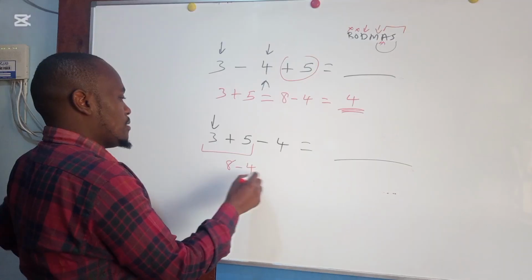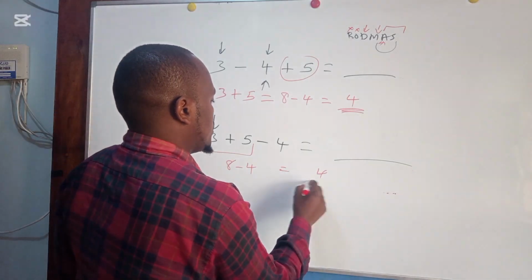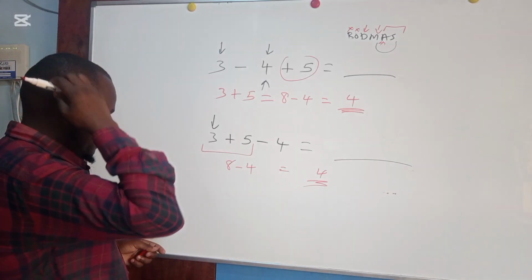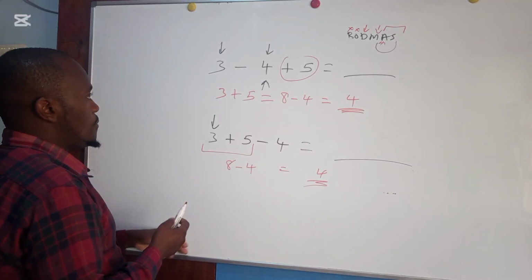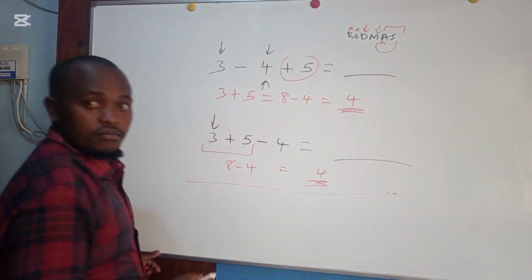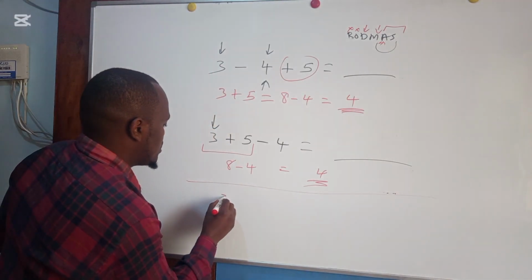Now, see the danger of doing it like this. So you have 3 minus 4 plus 5.